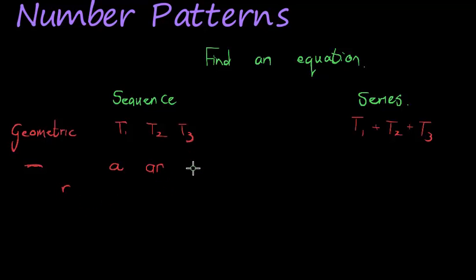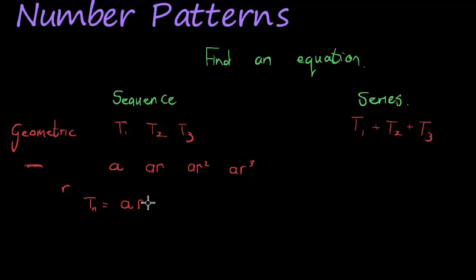So my third term would be AR squared, because I've multiplied with R twice. My next term would be AR cubed. So my general term, in other words, a random term, would be AR to the power of what?